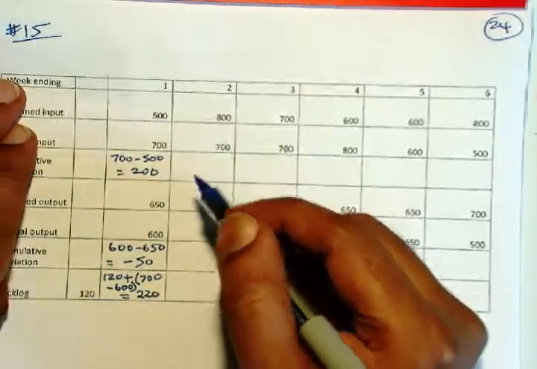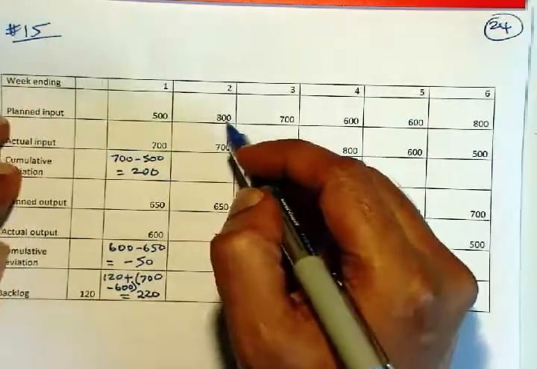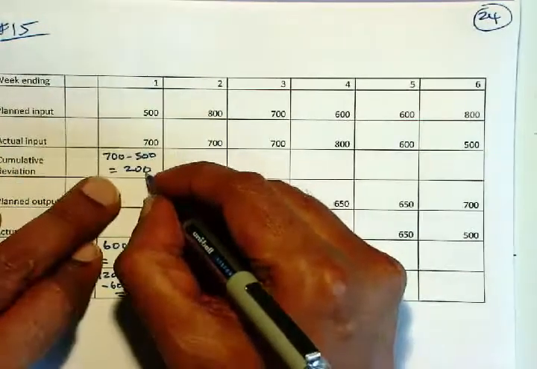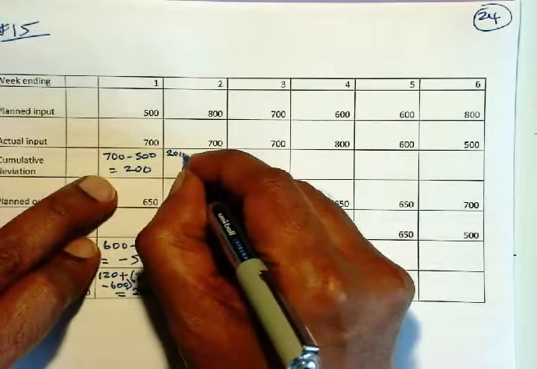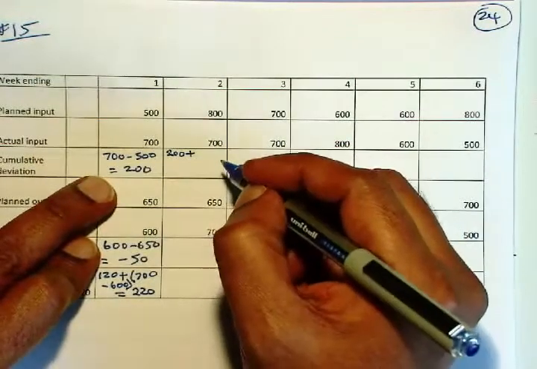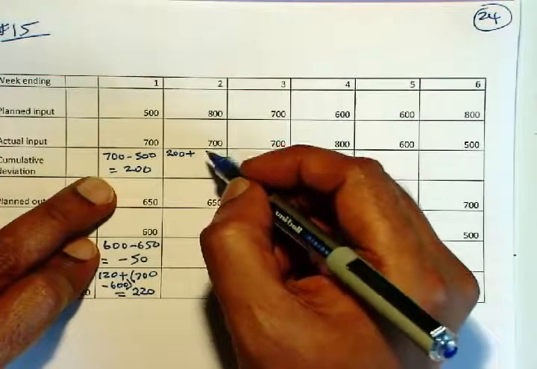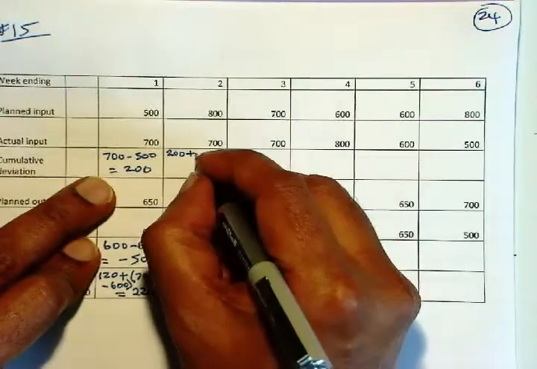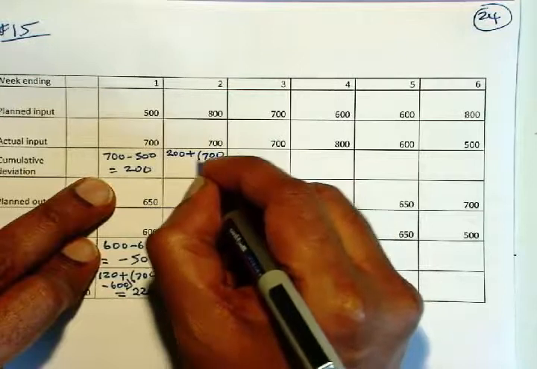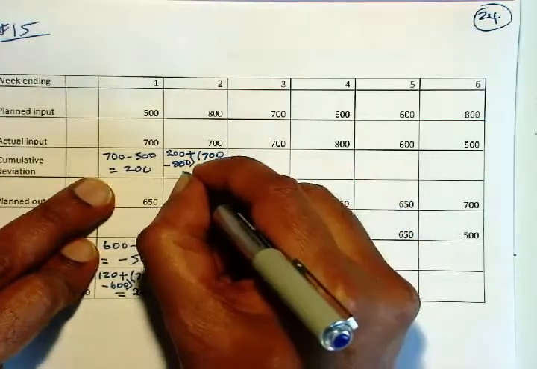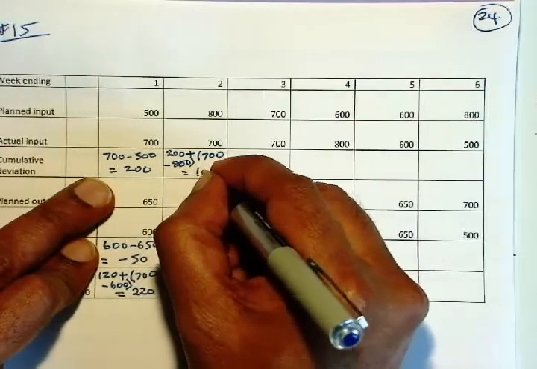Now we continue to the next week. So now we start with 200, okay, plus the deviation. So that will be actual minus planned. Okay, so that will make it 100.